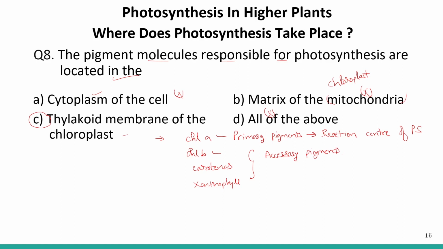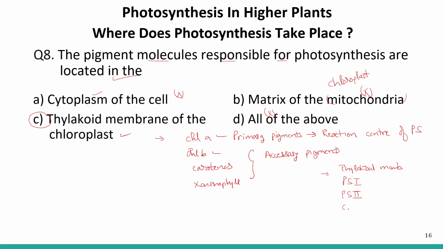So all these photosynthetic pigments are present in the thylakoid membrane. If we talk about the thylakoid membrane, they consist of photosystem 1, then photosystem 2, and these photosystems 1 and 2 consist of the photosynthetic pigments.